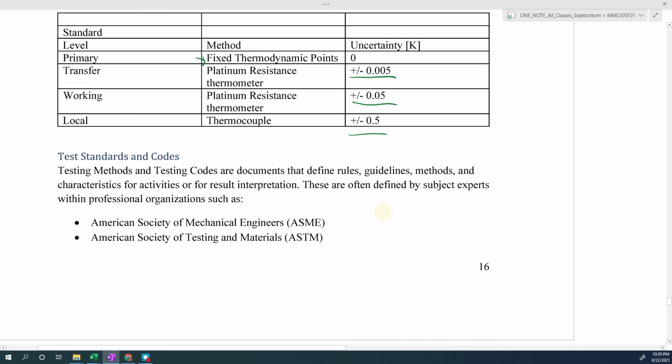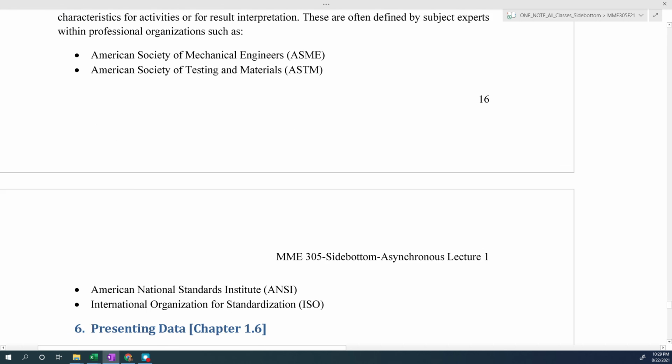All right. So certain testing standards and codes. Different societies often define different standards. So ASME, which is mechanical engineers, has their own standards for testing different pieces of equipment, and the ASTM or the American Society of Testing Materials has a bunch of different standards for testing different materials.